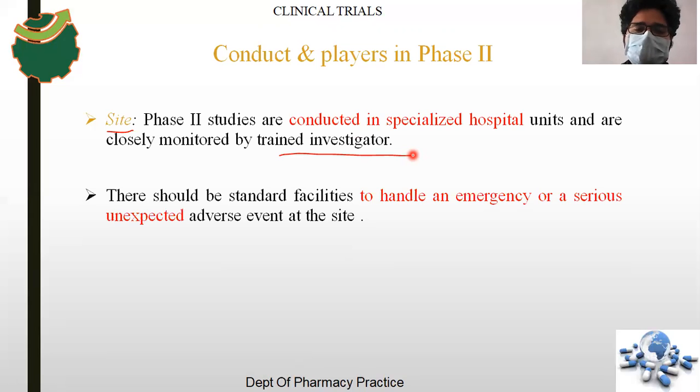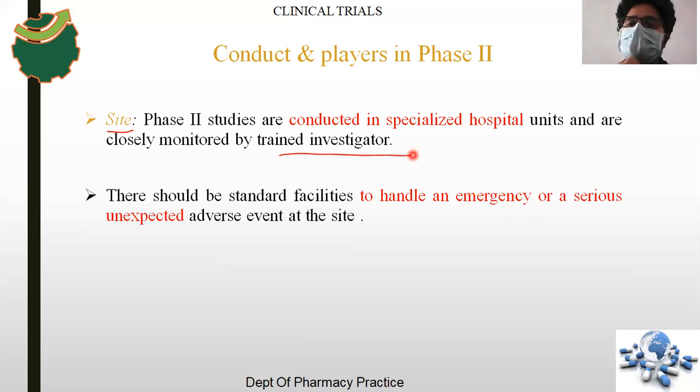Next, there should be standard facilities to handle an emergency or serious unexpected adverse reactions at the site. Means you should have standard facilities to handle any emergency or unknown or unexpected events that happen. Because an ADR can happen in a patient or it cannot, right? If it is side effects, yes, there is a higher chance of happening.